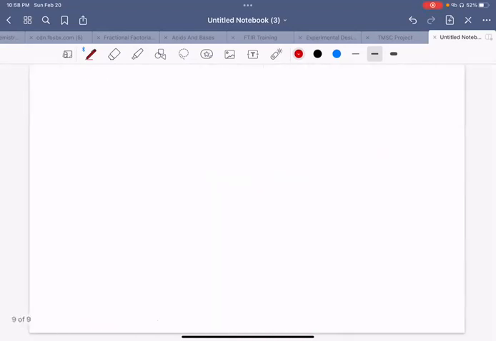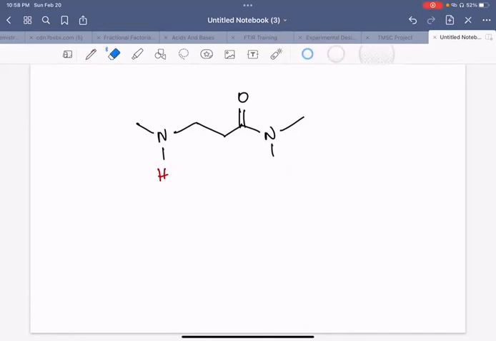So suppose you are given an example here. Which proton is the more acidic? Is it the red one or the blue one? It is very easy just by looking at the structure.